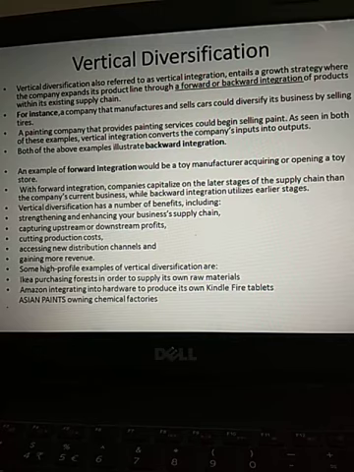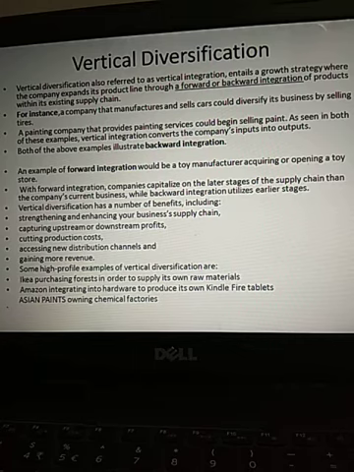Supermarkets and Asian Paints owning chemical factories. So this is called vertical diversification. Under vertical diversification, what do you have? One is forward diversification and one more is backward diversification under integration.